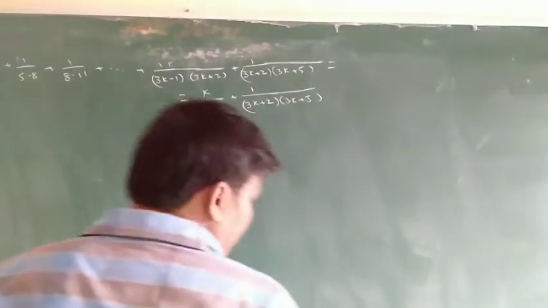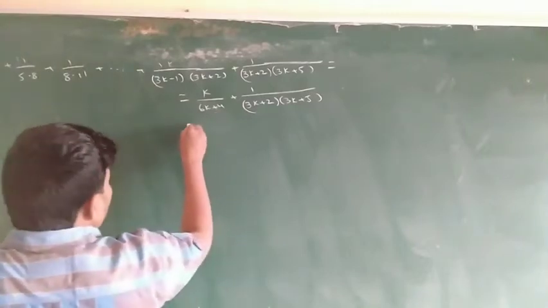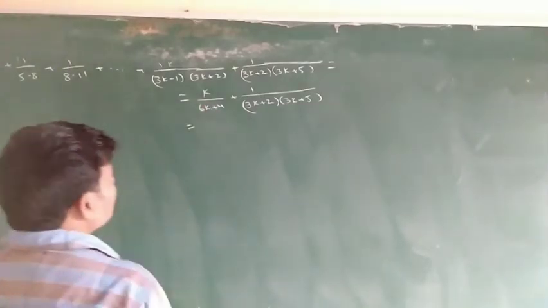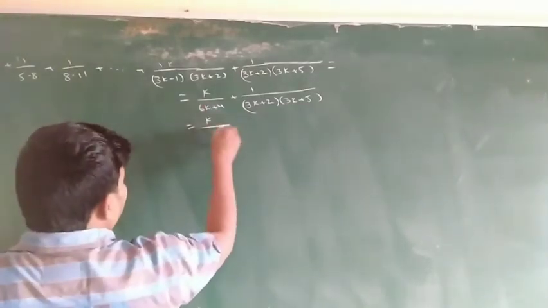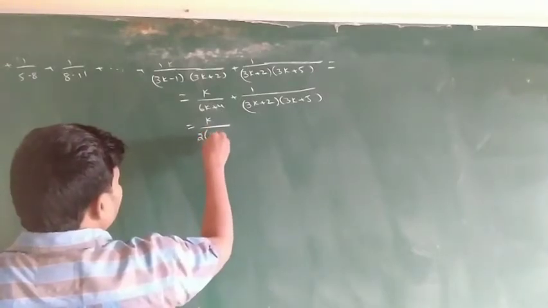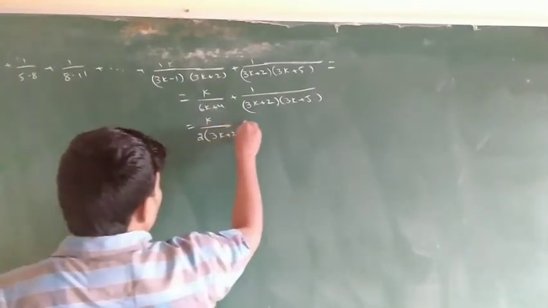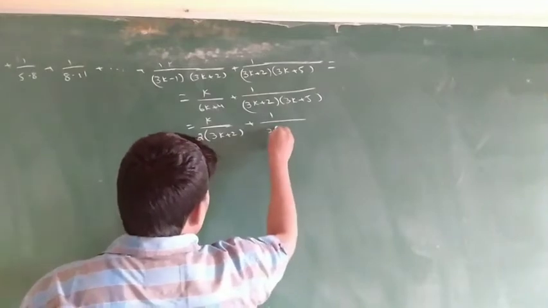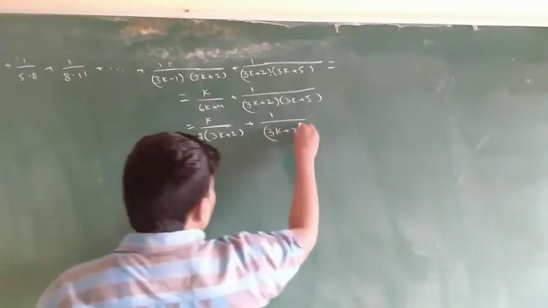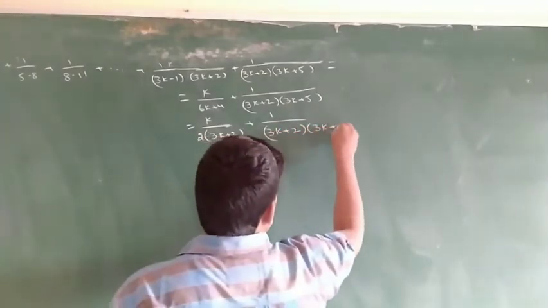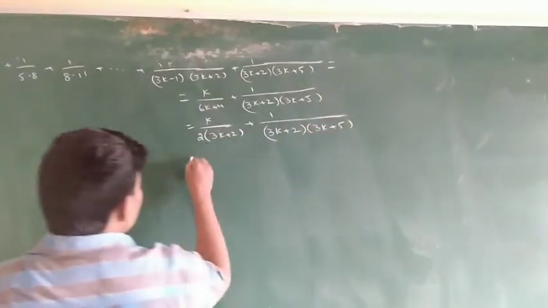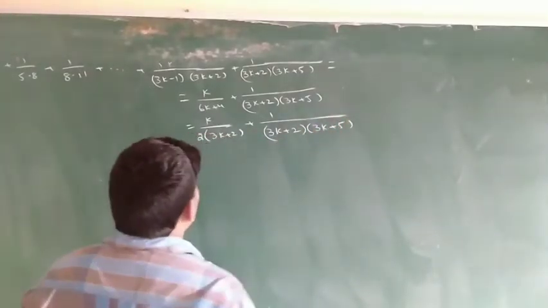So 6k plus 4, take 2 common. So k by 2 into 3k plus 2, plus 1 by 3k plus 2 into 3k plus 5. So what is the LCM?